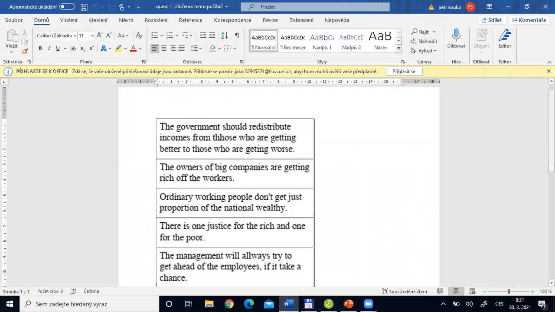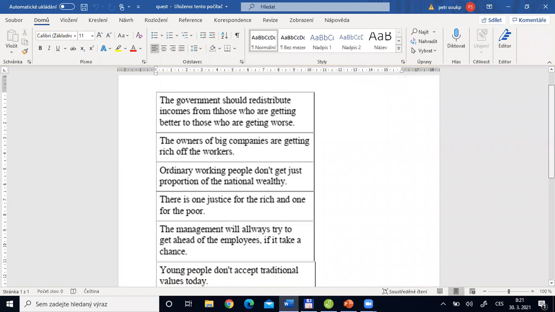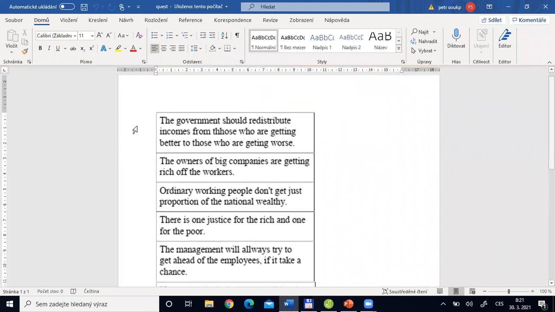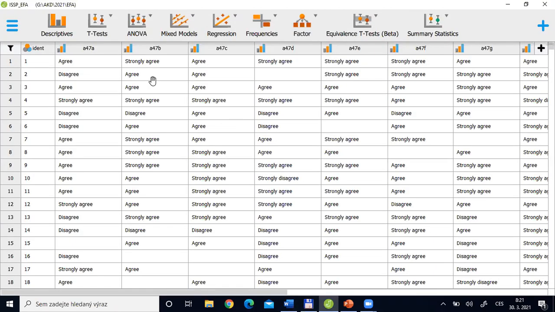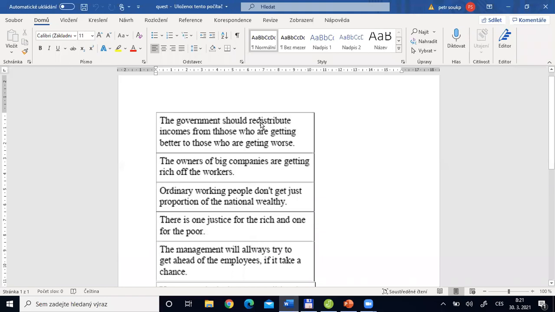So we wouldn't test anything, but we would use some questionnaire items. And here we have, for example, the first 5 items that you can find in the data file as A47A up to A47E. And I would rephrase these statements, and maybe you could try to tell me whether there could be some hidden dimension behind these statements and what could be maybe the meaning of this dimension.